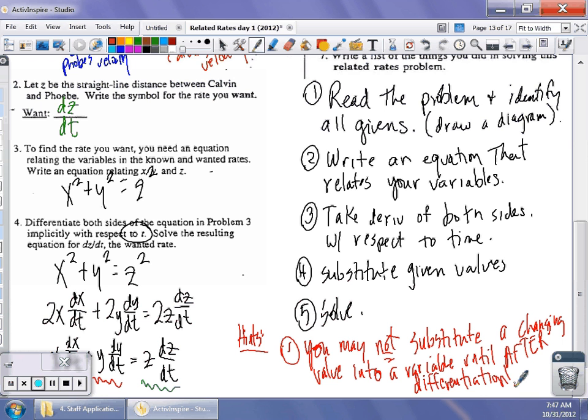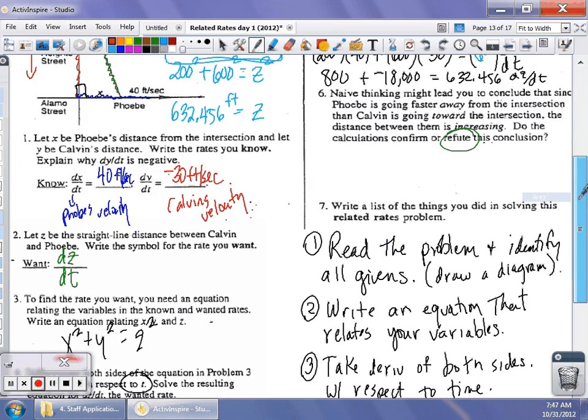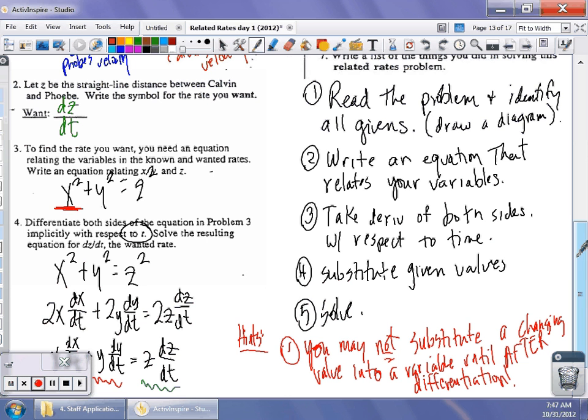So since x was representing her distance, if you look back over here at this equation, even though they told me in step number 5 that she was 200 feet, I believe it is, from the intersection, I cannot substitute the 200 feet into the original equation because that is a value that is actually changing. They're freezing an instant of time to talk about the time at 200 feet away from the intersection, but because that's a changing value, I have to find the derivative first.